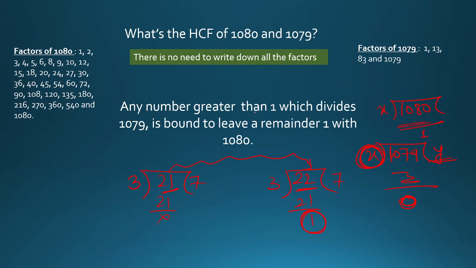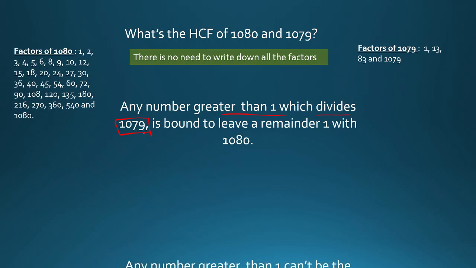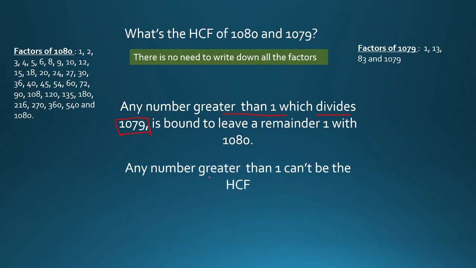And x would be any number greater than 1, because if you use 1, then it will divide all the numbers. So any number greater than 1 which is a factor of 1079 is not a factor of 1080, because it will not divide 1080 completely. So any number greater than 1 can't be the HCF. That's why the HCF should be 1.